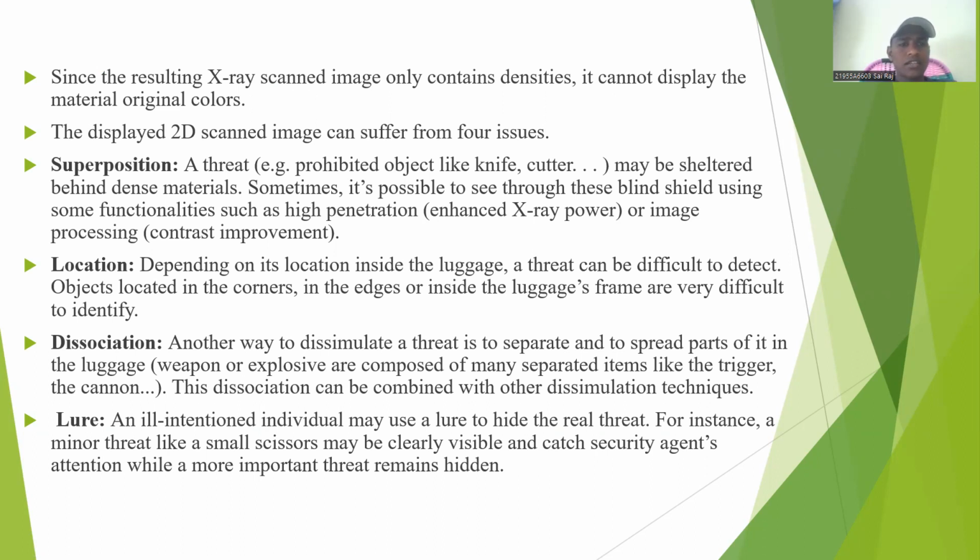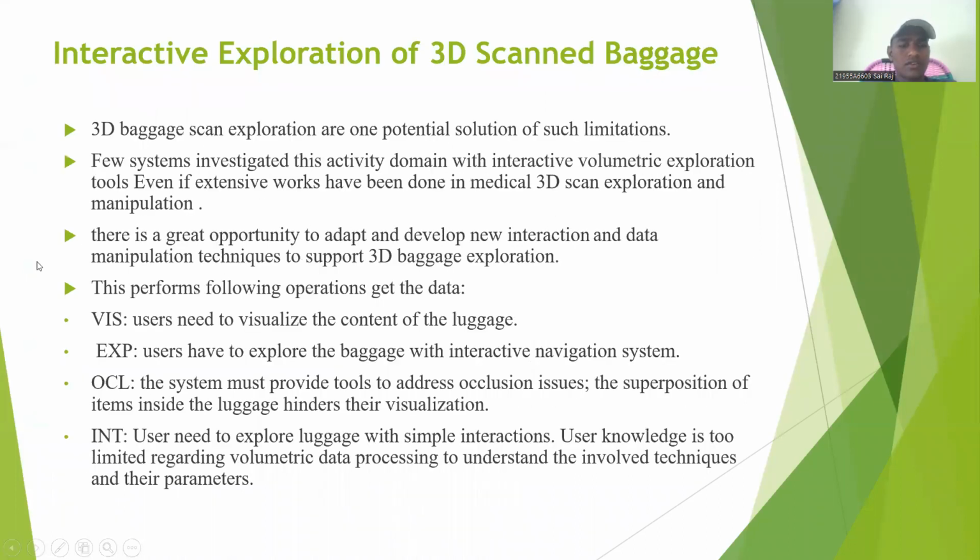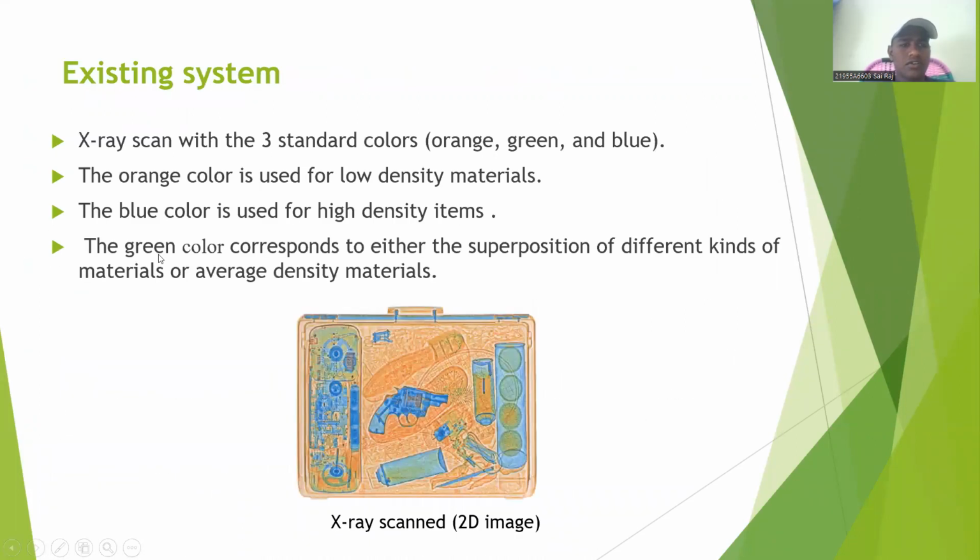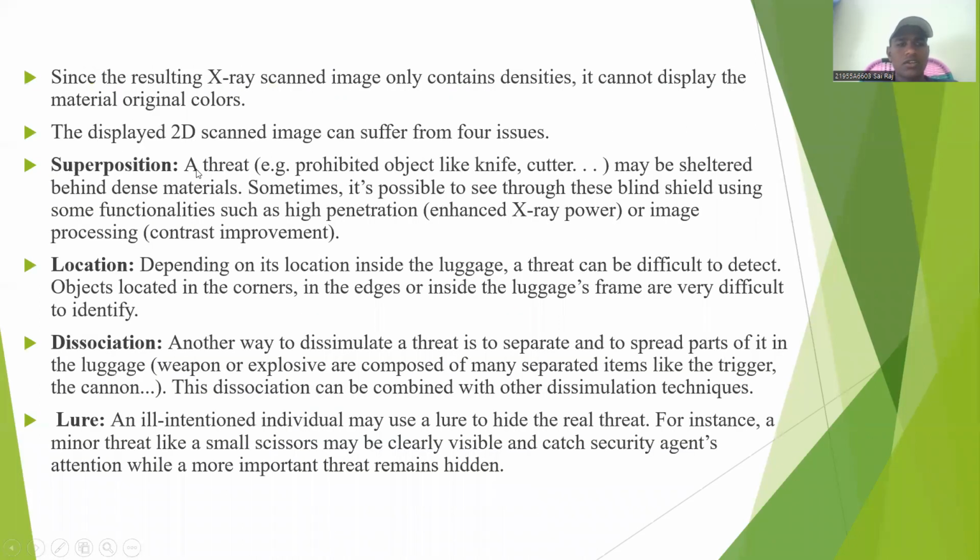But in X-ray scan, we can only represent it by three colors: blue, green, and orange. So we cannot represent the yellow color as it is of the bottle color. So this is the disadvantage of these X-ray scan images. The displayed 2D images can suffer from these issues.